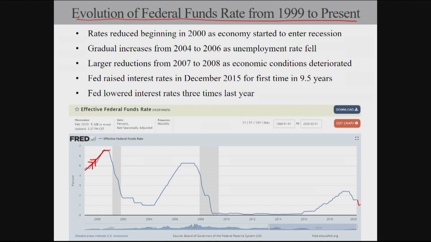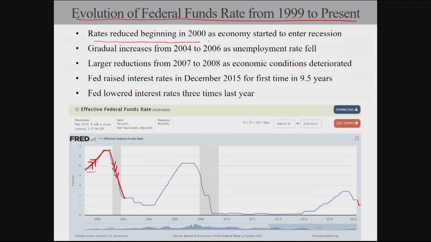And then as the economy started to go into a recession, and this was amplified by the 9/11 terrorist attacks, the economy tanking more, you can see that they basically entered into expansionary monetary policy. So this initial period here was contractionary monetary policy, whereas here this was expansionary monetary policy.